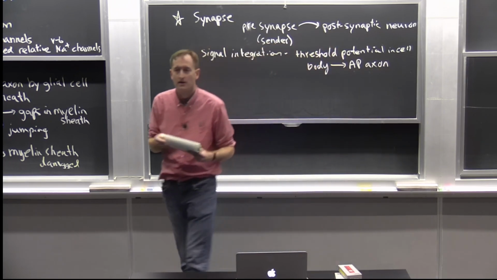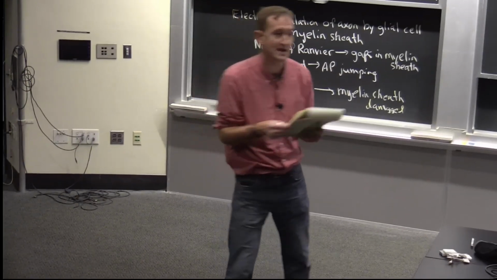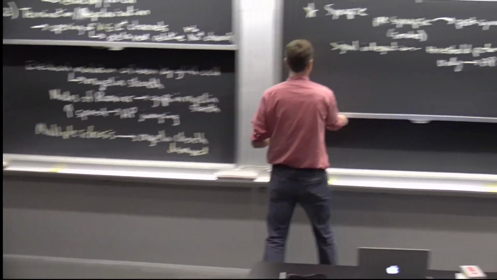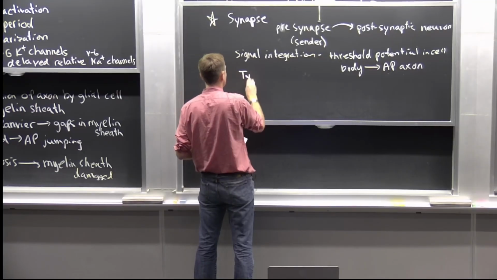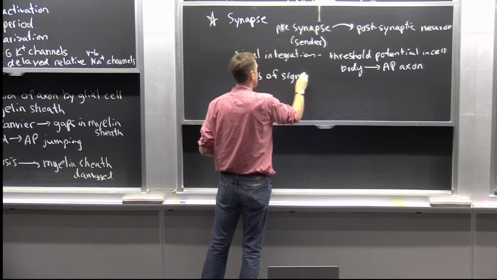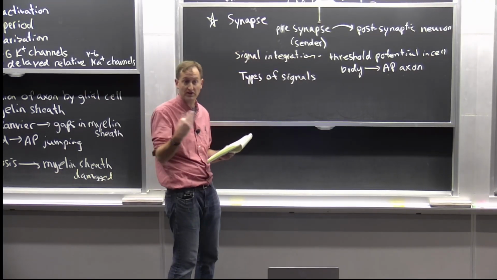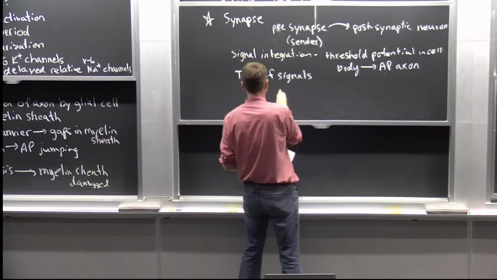Okay? And there are different types of signals that nerve cells can send. Signals can be excitatory, meaning they will tend to depolarize the neuron.